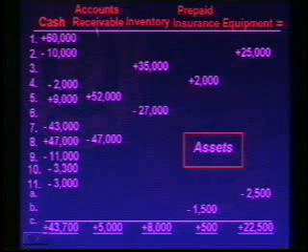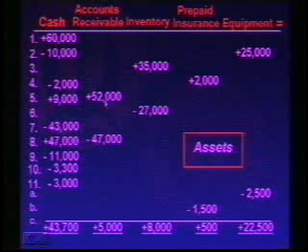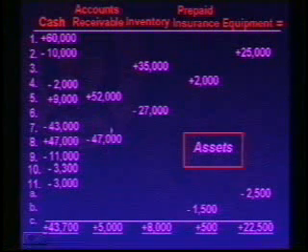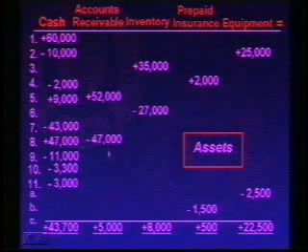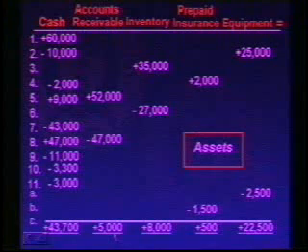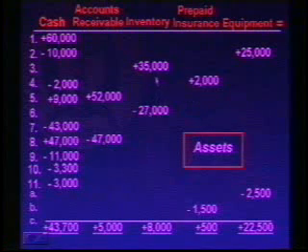Accounts receivable. We made the sale initially. We had $52,000 as a receivable. How much of that came in cash? 47. 52 minus 47 means the amount that's owed us at the end of the year is $5,000. This is making sense. Again, very simple system. It's a third grade arithmetic problem, right?